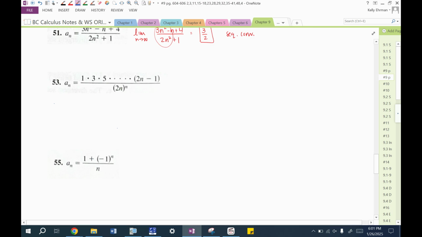Also, if you actually calculate out 2n minus 1 factorial, like if you plug in 5 or something, you're not going to get 1 times 3 times 5 in the end. That would be 9 factorial, so that would turn into 9 times 8 times 7 times 6 times 5.